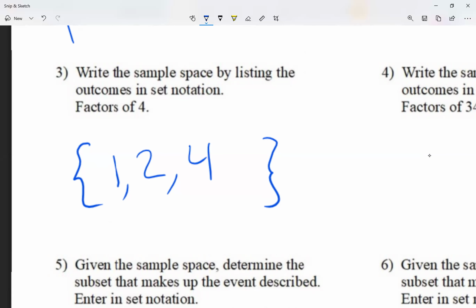That's what we call factors: which numbers can divide 4. So my sample space is 1, 2, and 4. Again, my sample space is the choices that I have at the end.